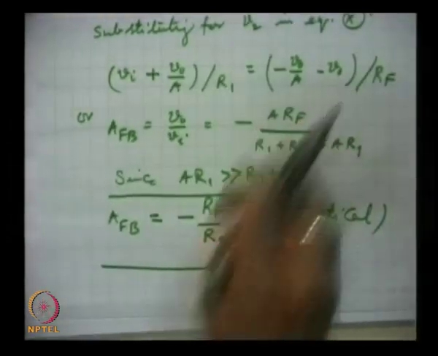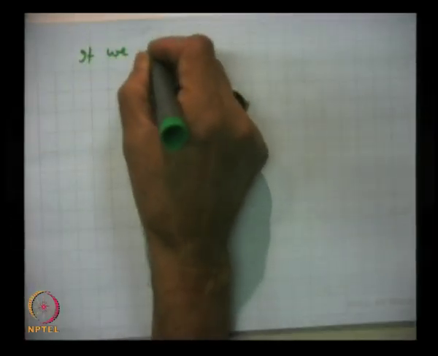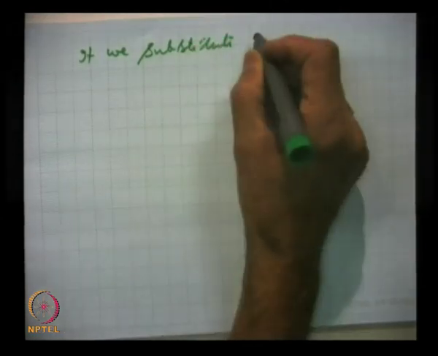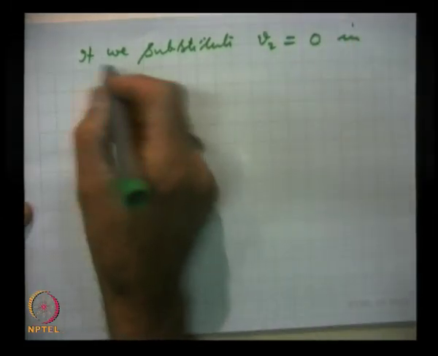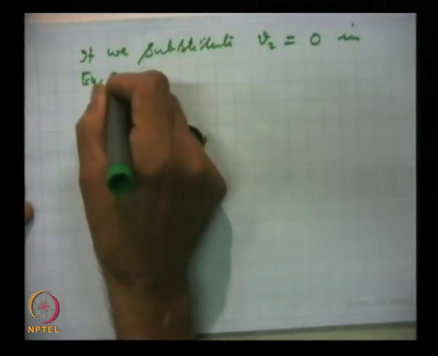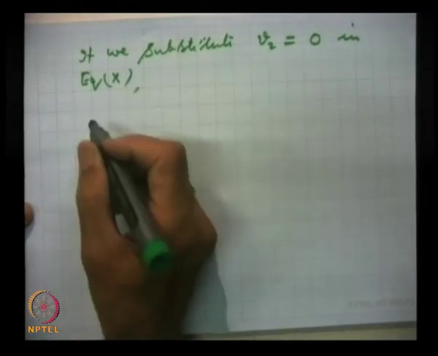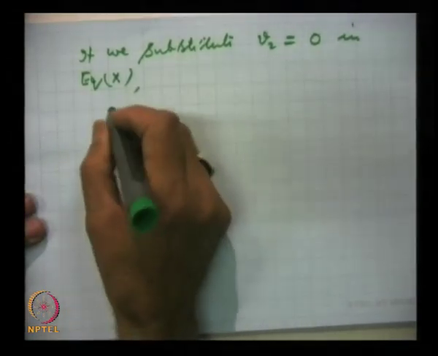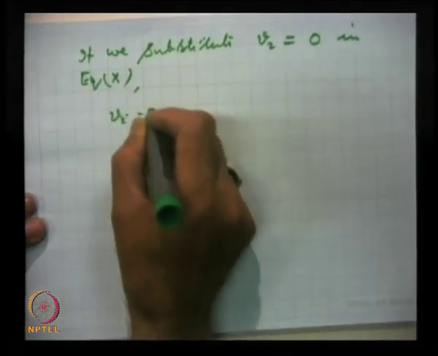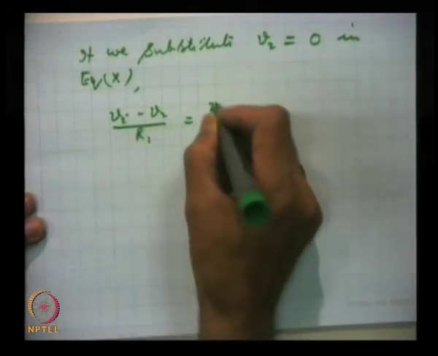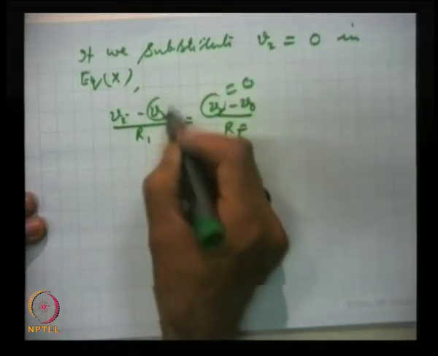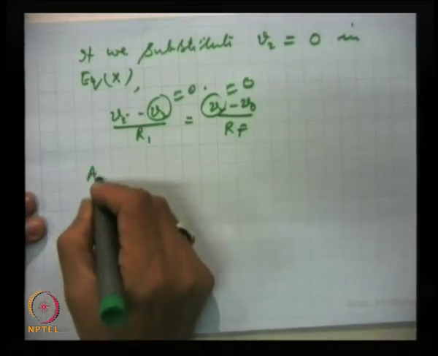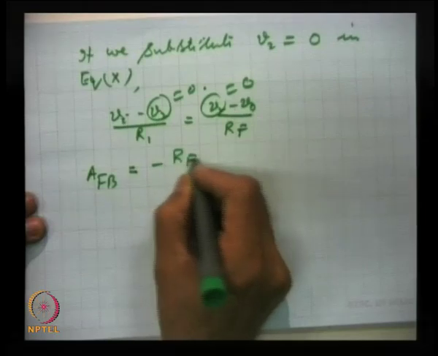The same expression which we arrived at here, we get if we substitute V2 equal to 0 in equation X. Here this equation X was Vi minus V2 by R1 equals V2 minus V0 by RF, and from here if we substitute V2 as 0, then the gain AFB is equal to minus RF by R1.